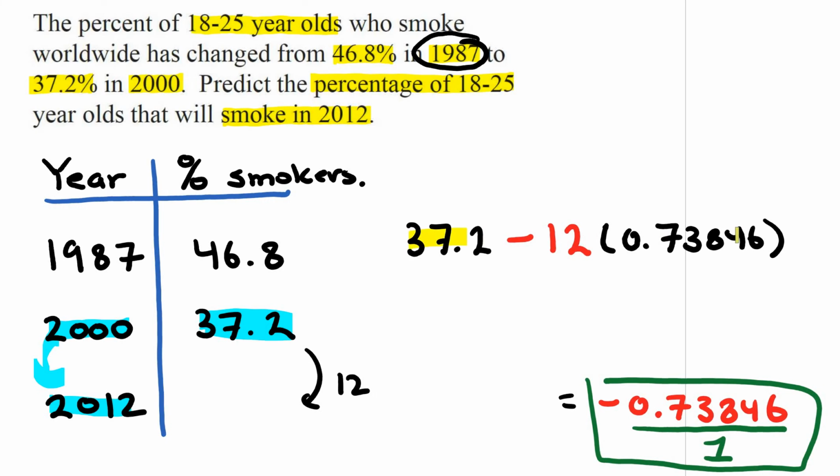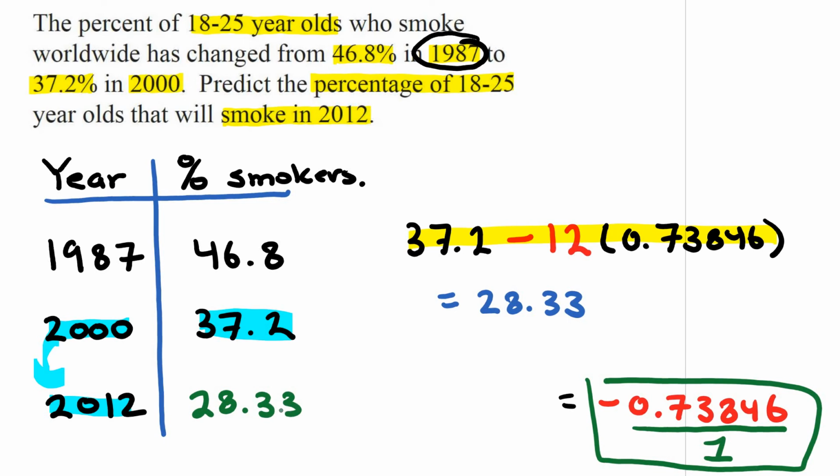If you calculate this in your calculator, you should get 28.33. So 12 years later from the year 2000, the percentage of smokers worldwide is 28.33 percentage points, because every year we go down by 0.73846 percentage points. So that's it for question number 3.